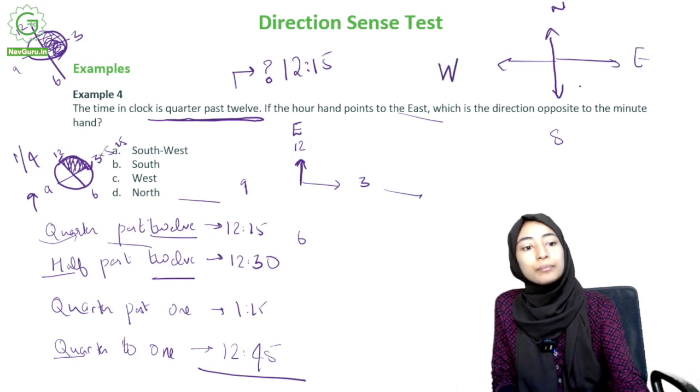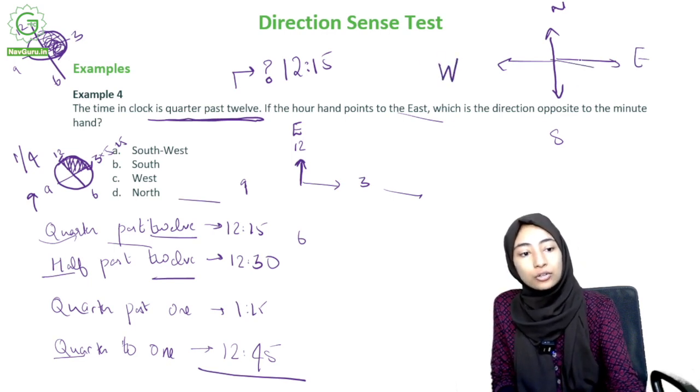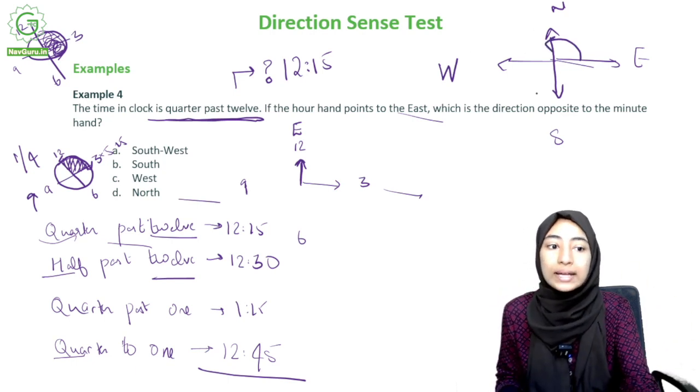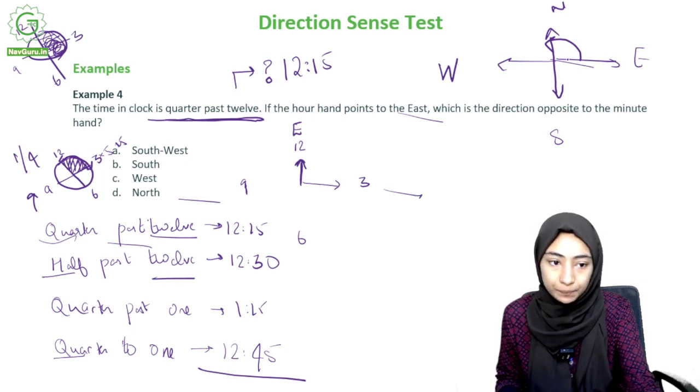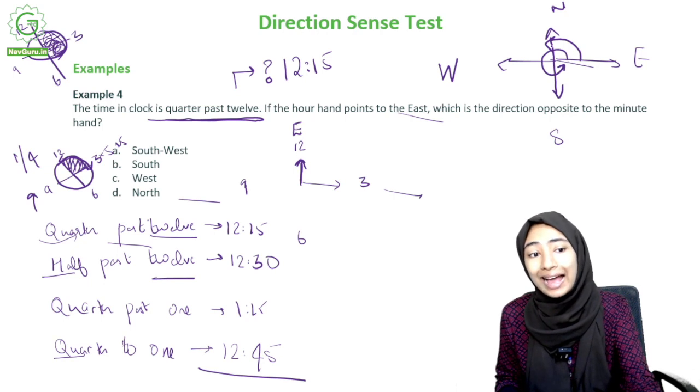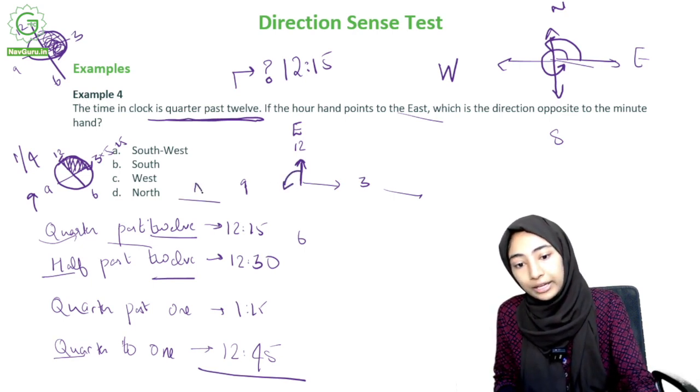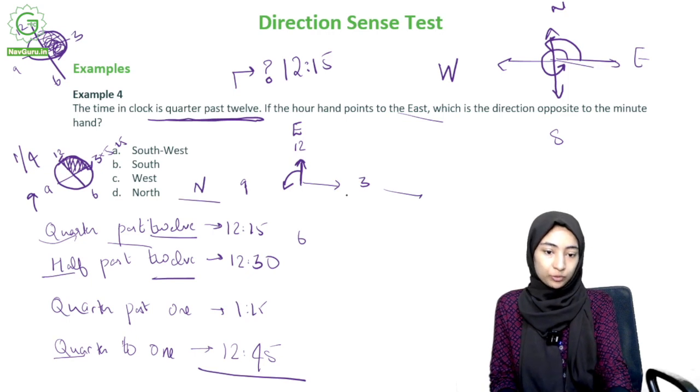So basically, if east is here, north is to the left side of east. Basically, if you go anti-clockwise, you will get north. This is anti-clockwise direction, right? So if you go in the anti-clockwise direction, that is when you will get north. So from here also go in the anti-clockwise direction. Then here you will get north. So this is going to be north, not this.